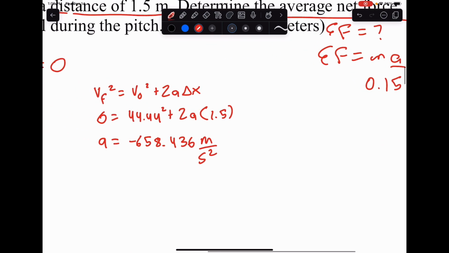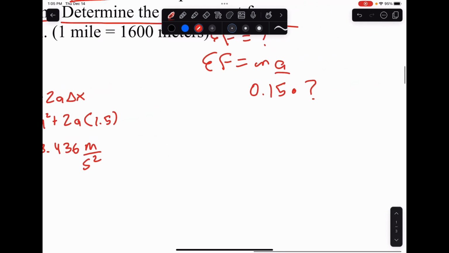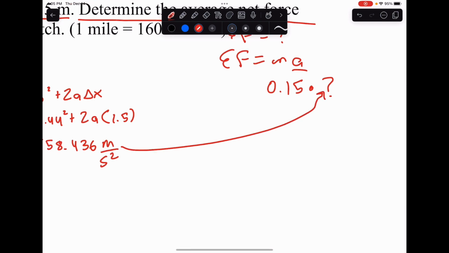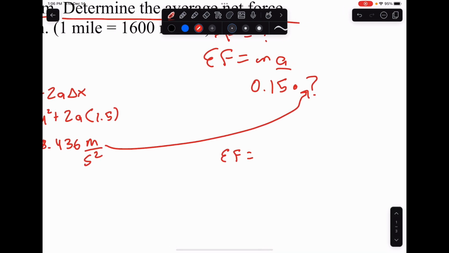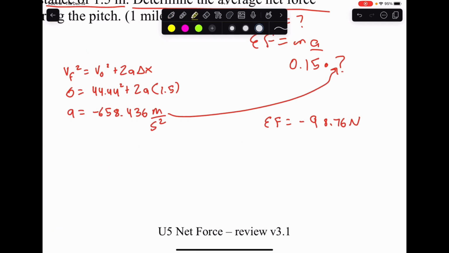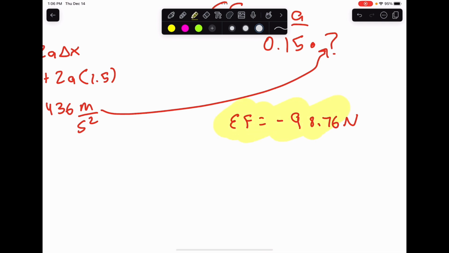So we plug that in, multiply it with 0.15, and we get total force equals negative 98.76 newtons. So that's going to be our final answer for this question. And I'm just rounding to the 10th place.